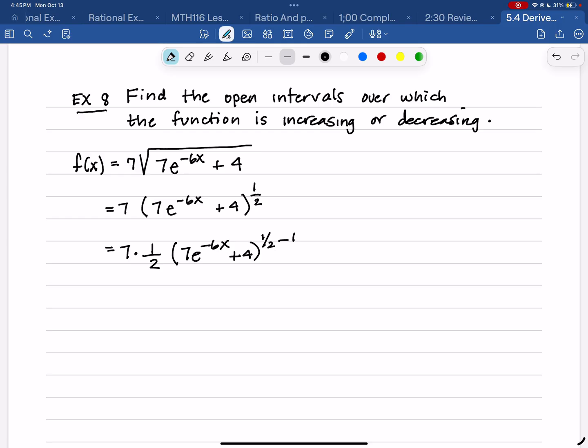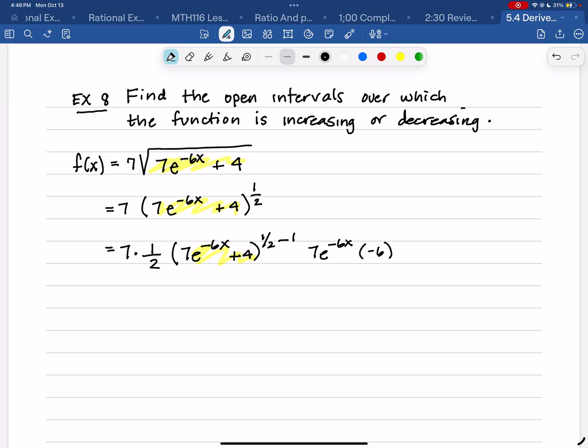And now since this has a derivative, we have to do the chain rule. So that's going to be 7e to the negative 6x times the derivative of the exponent, which is negative 6.